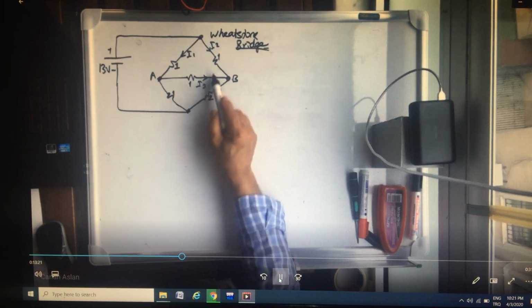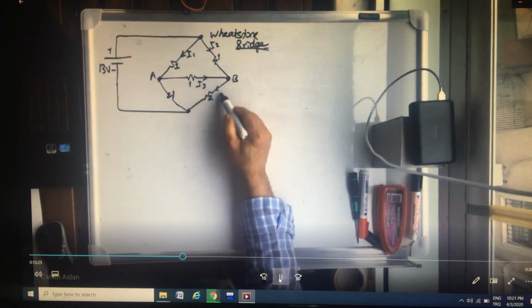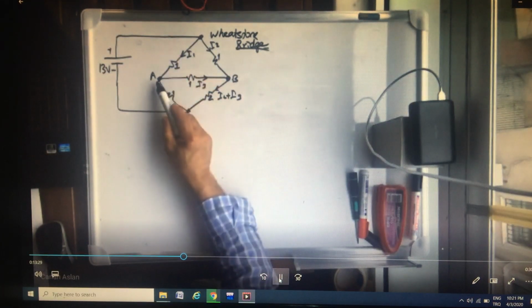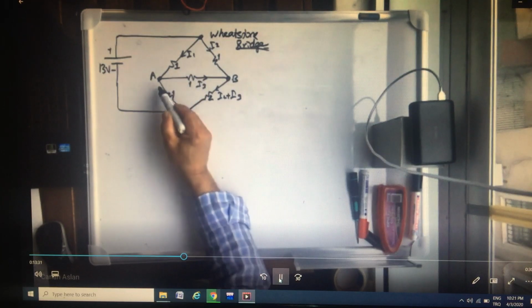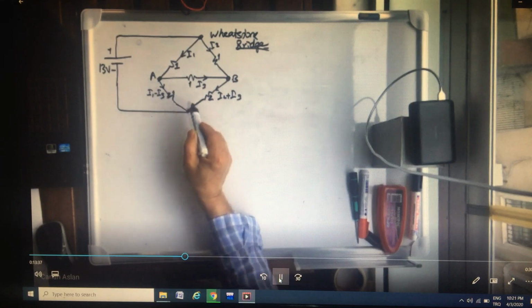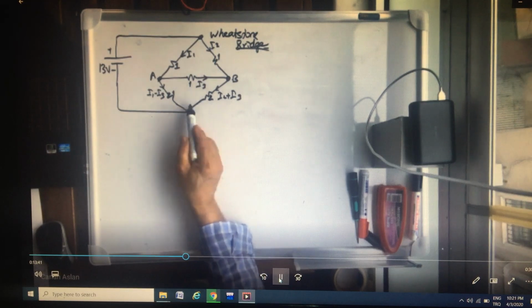In this case, as you see, I2 and I3 are coming here, so this current should be I2 plus I3. And now I1 is coming and I3 is leaving, so the current passing through here should be I1 minus I3. Instead of giving another name to these currents, this is what I do.